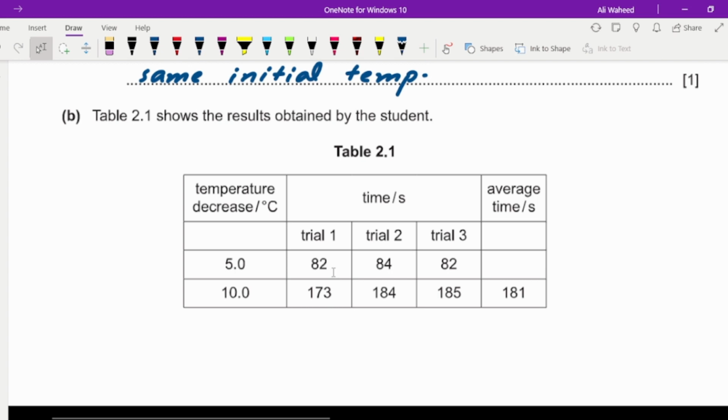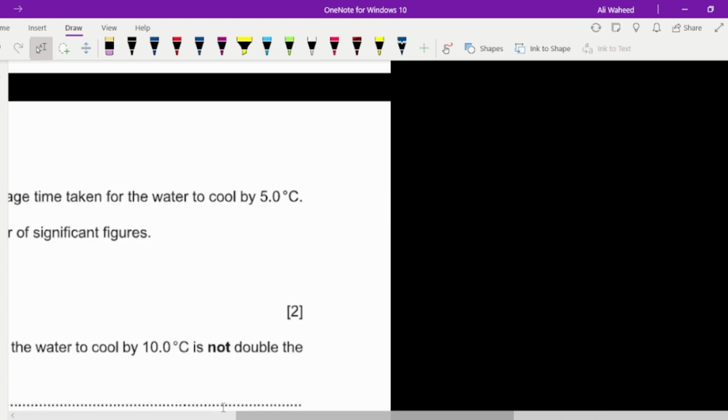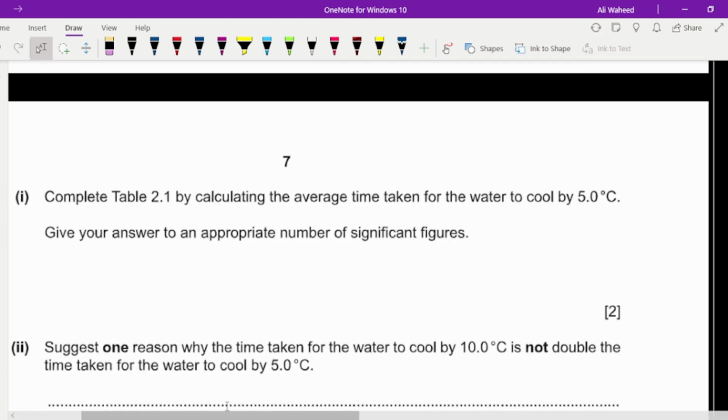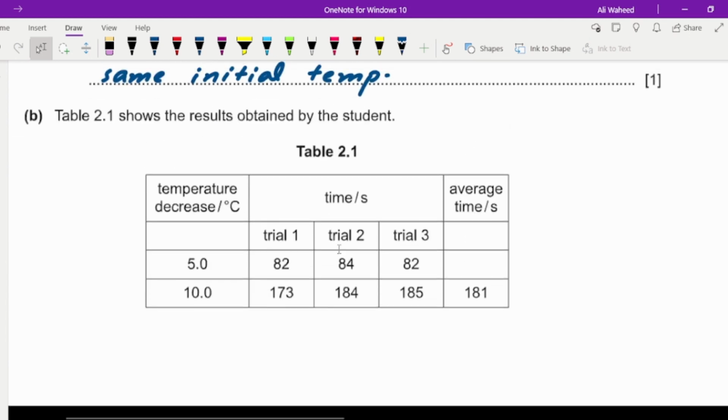Alright, the table shows the readings obtained by the student. And it says complete table 2.1 by calculating the average time taken for the water to cool by 5 degrees Celsius. Give your answer to an appropriate number of significant figures, which in this case, when you're finding the average, would be 2 SF, because the raw data is in 2 SF.